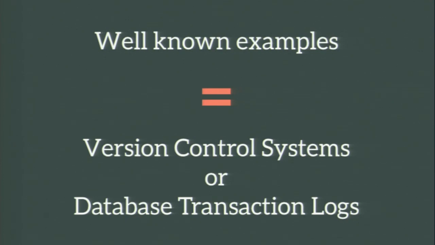And in the relational world, we also have this characteristic in database transaction logs. If you look at how a relational database works internally, you will see that the transaction log consists of a series of events in most relational storage.